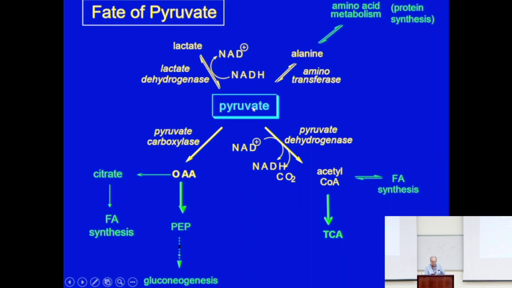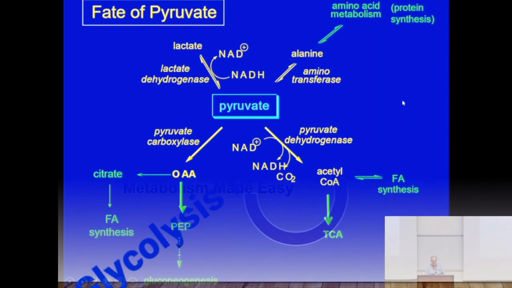Next week, we're going to cover a pathway where pyruvate can be reused to make glucose. And next week also, we're going to go with pyruvate being further oxidized to acetyl-CoA and entering the TCA cycle. So I want you to appreciate these fates. The bottom 2 are irreversible. The top 2 are reversible.